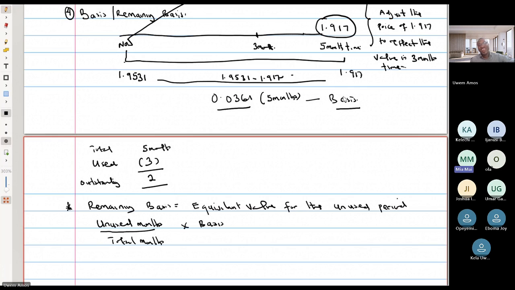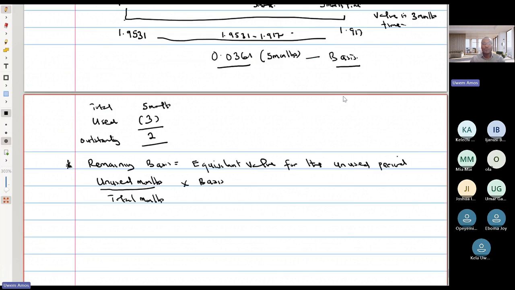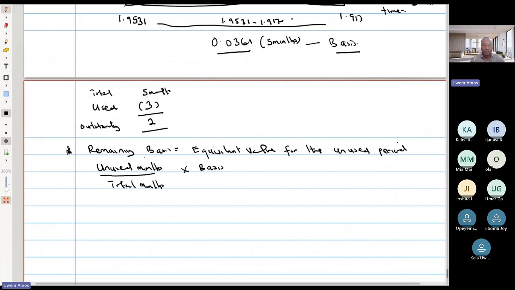Yes, thank you. All right, so let's put it in. What is the unused month? Out of 5, we have 2 months unused, divided by a total of 5 months, multiplied by 0.0361. So what is our remaining basis or our unutilized basis?